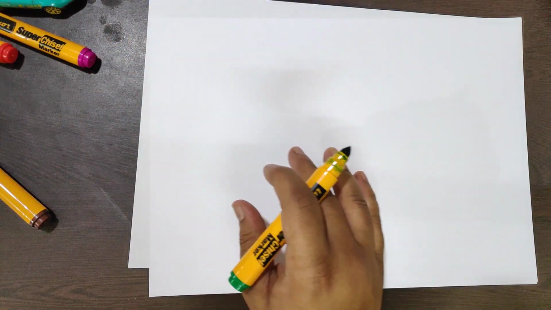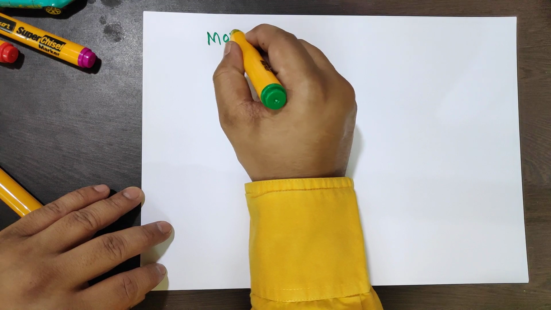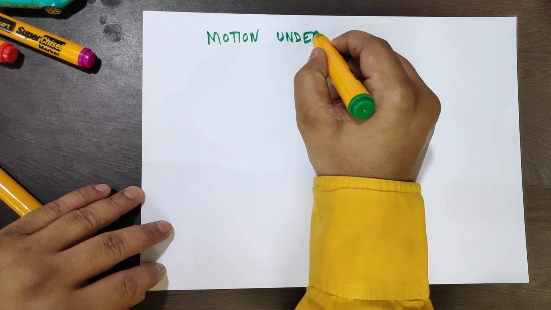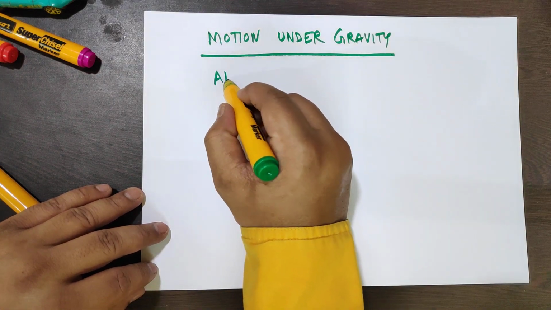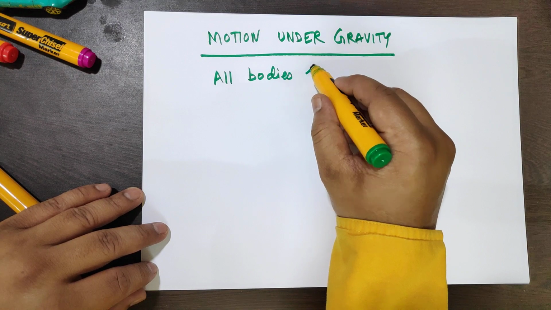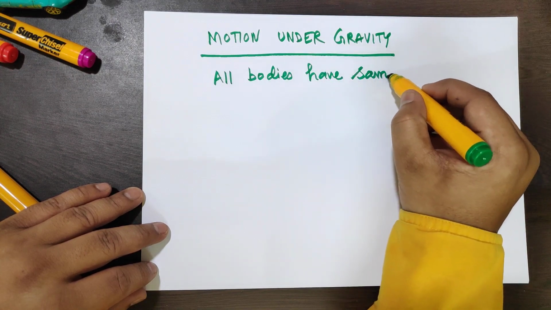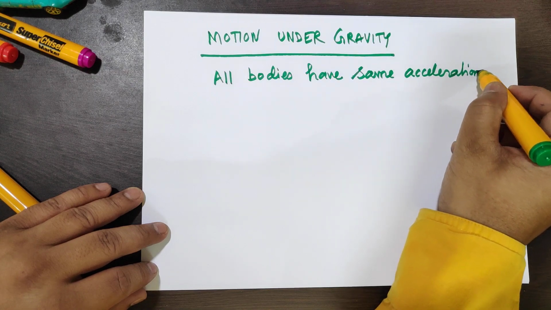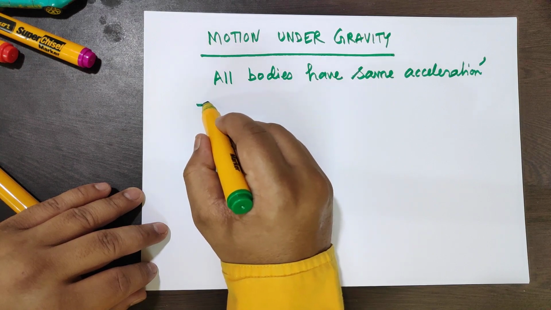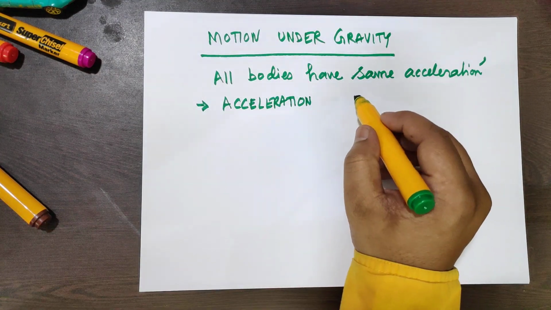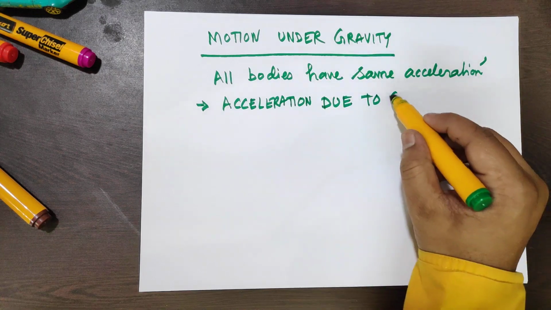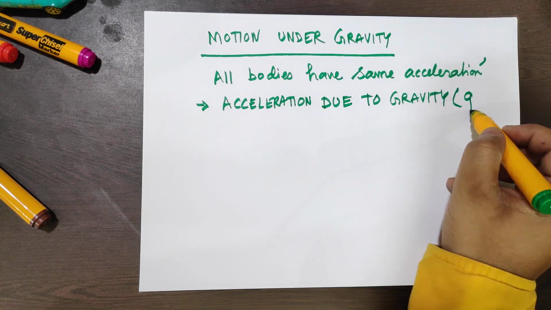Motion under gravity, all bodies have the same acceleration that is known as acceleration due to gravity, denoted by g.